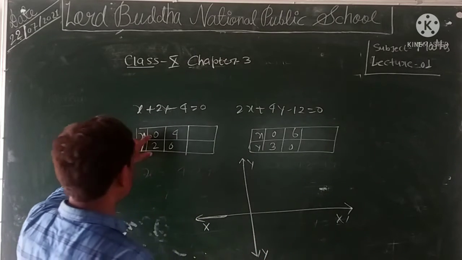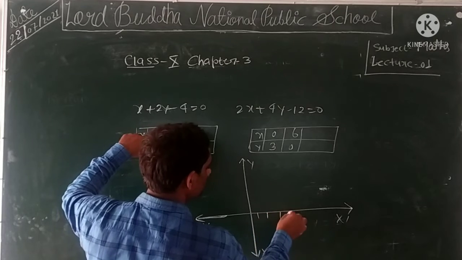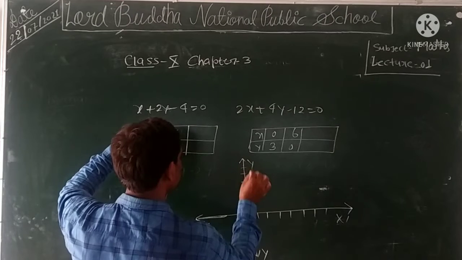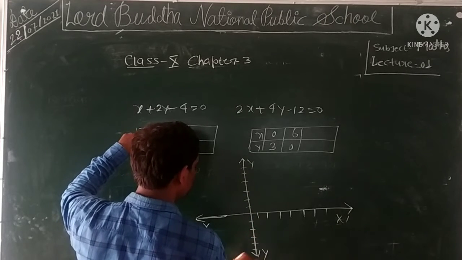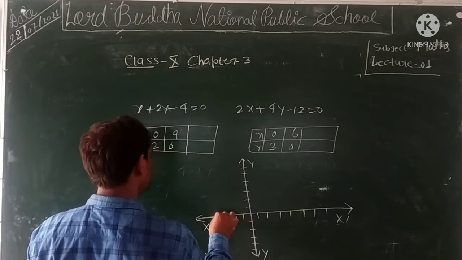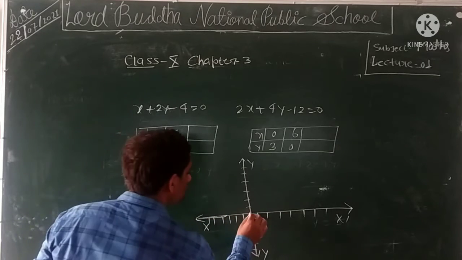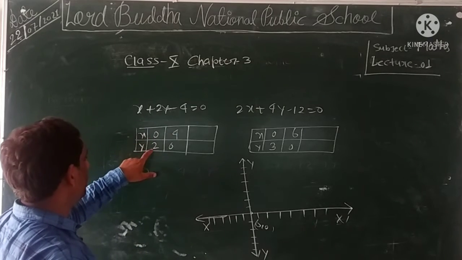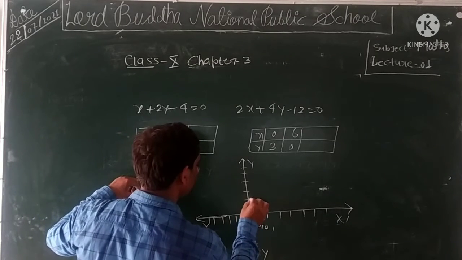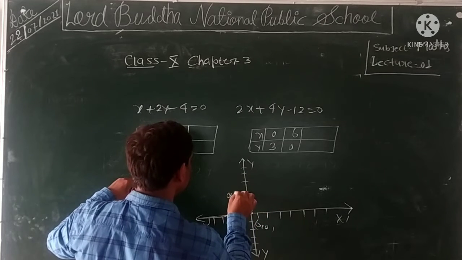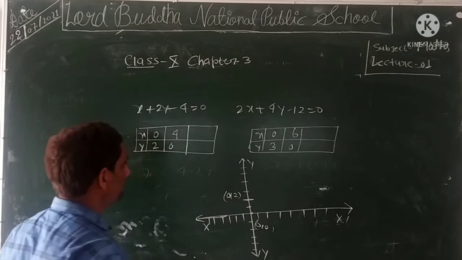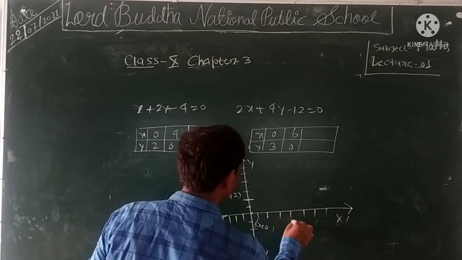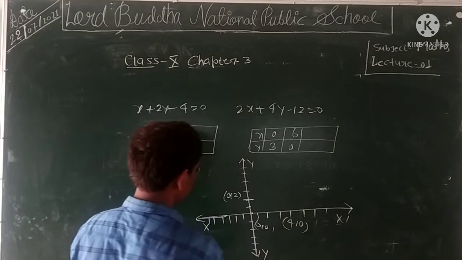The first point is 0, 2: 1, 2, 3, 4, 5, 6, 7 on each axis. This is the origin, 0. At x-axis 0 and y-axis 2, this will represent the point 0, 2. And next 4, 0: 1, 2, 3, 4, here 4, where y is 0.